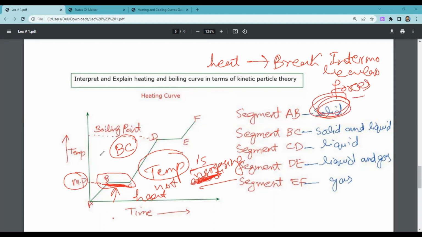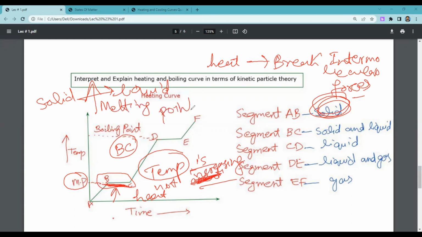Therefore, when a solid is completely converted into a liquid, then the temperature curve will rise, because at melting point the temperature becomes constant.